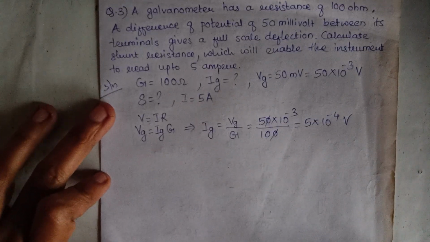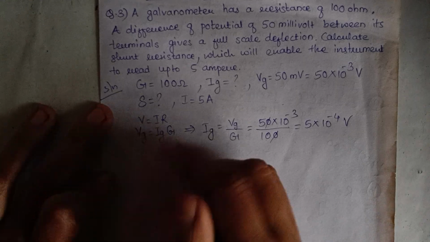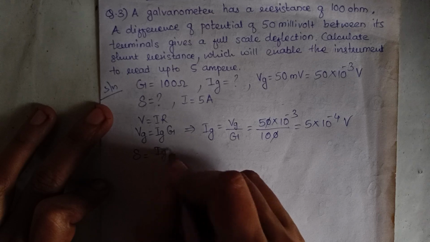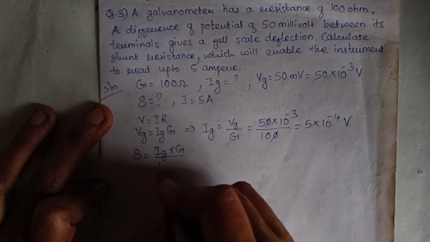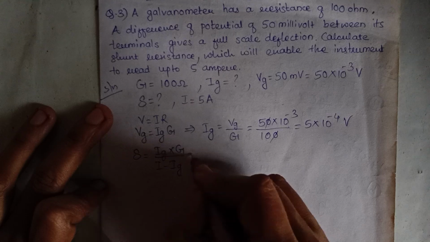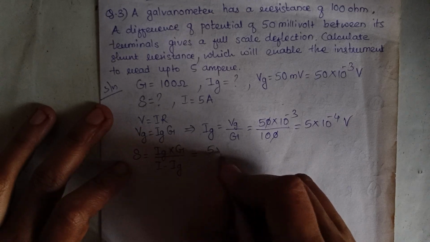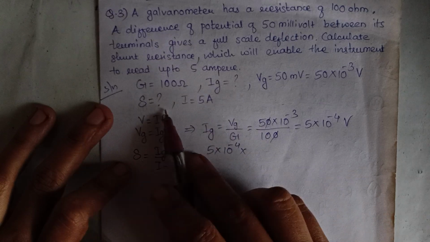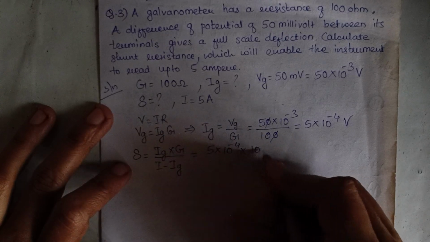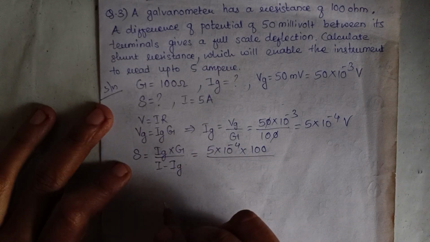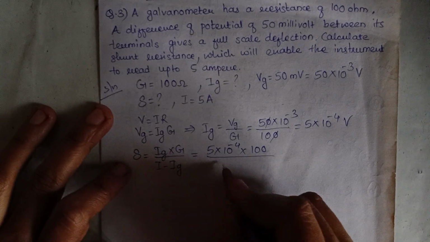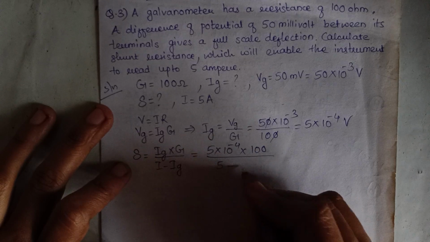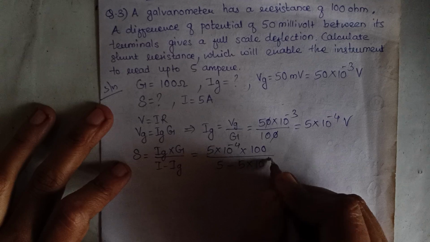Now use the formula S equal to Ig into G upon I minus Ig. Ig is 5 into 10 raised to minus 4, G is 100, I is 5 minus Ig, 5 into 10 raised to minus 4.